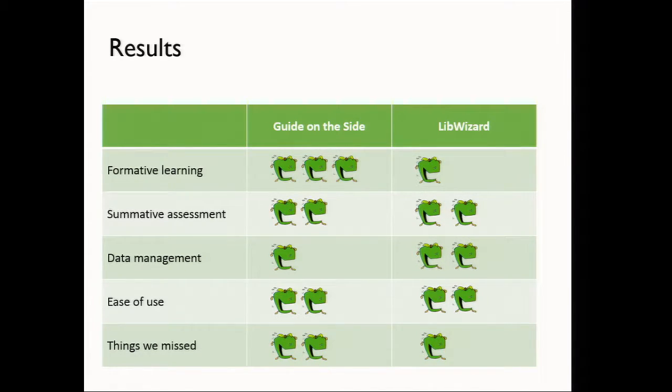Because updates do come out, we had to keep in mind that this is an evaluation of how the 2 products were in late spring, early summer 2016. The other thing is that it speaks to our priorities and our circumstances, and of course every library's mileage will vary. And I'd be very interested to know how you might see your priorities and how they might be different to UVM's.